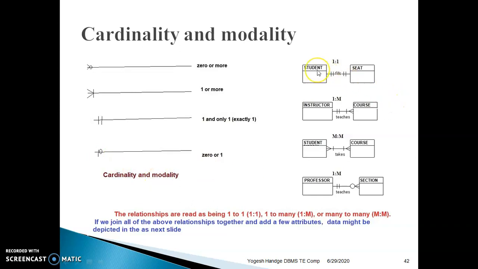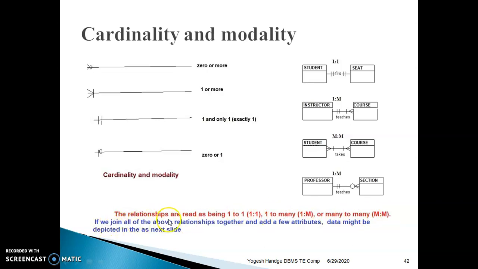Here see: one instructor, many courses. Many students take many courses, many to many. One professor teaches many sections, one to many. The relations are read as one to one, one to many, or many to many.